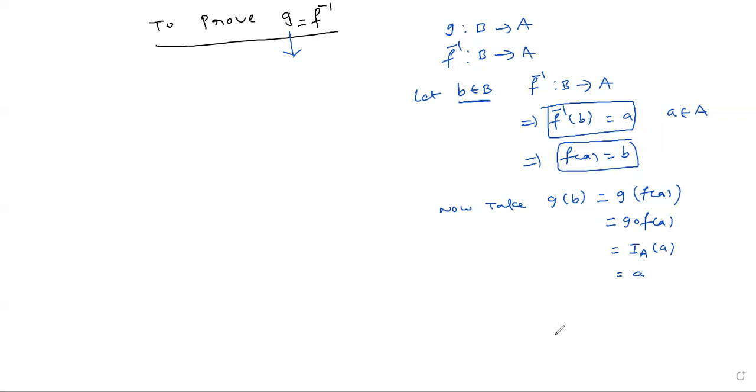What is A? Here you can check A is F inverse of B. Now here you can write A as F inverse of B. Okay, we have taken G of B. So in the final step, what did you get? G of B is equal to F inverse of B. If G of B is equal to F inverse of B, that gives you G is equal to F inverse.